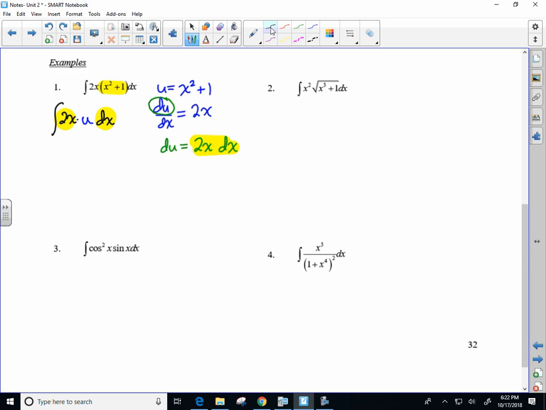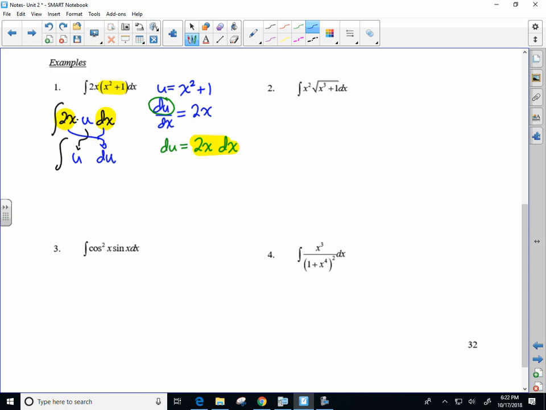So I can pull out the 2x dx from my integral, leave just the u, and then I can merge these two together and make that my du. Because 2x times dx is what I have defined as being equal to du.